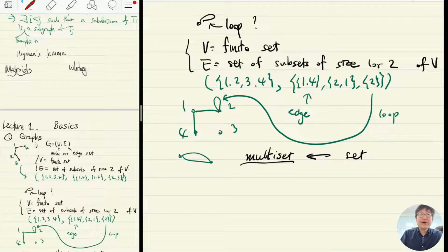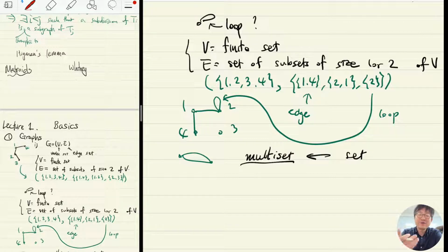But there's another way of defining a graph more precisely. The reason why I'm giving all these different definitions of graphs is that, depending on the context, people use different definitions. Whenever people write a paper on graphs, sometimes we use one definition, sometimes another.